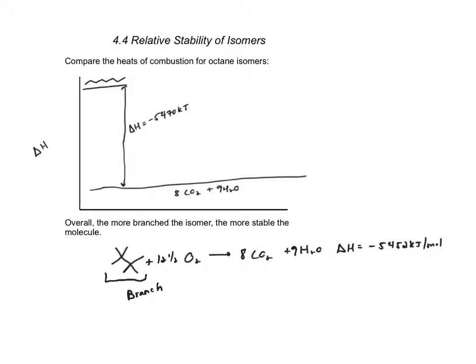So now, if we try to put this guy onto our little energy diagram here, where is it going to be relative to the straight chain isomer up top? Because now the products are the exact same. They're going to have the exact same energy, but relative to that 5,470, what is this value? Is it less than the 5,470 difference in energy, or is it greater than?